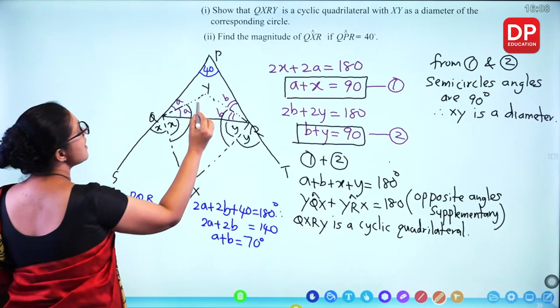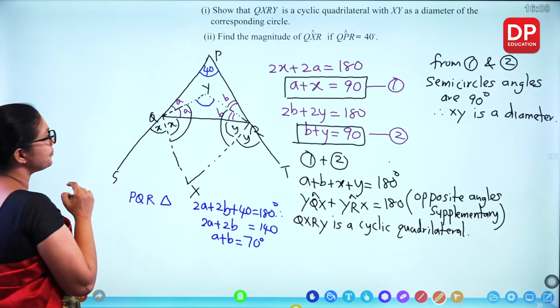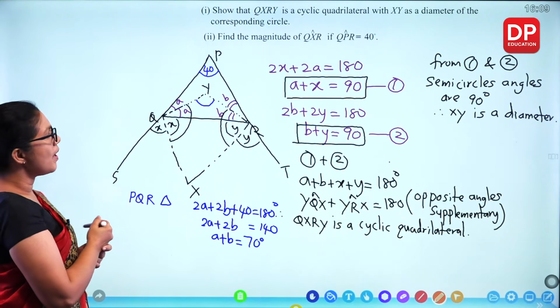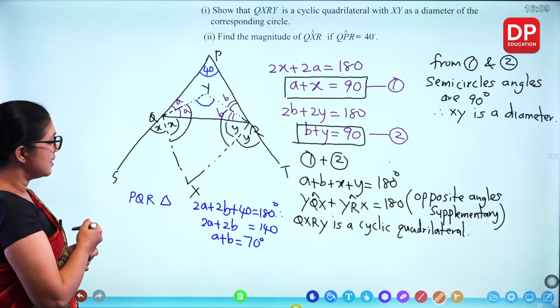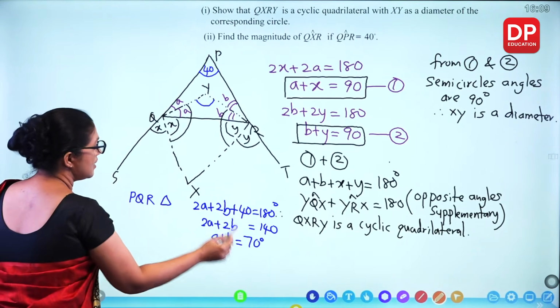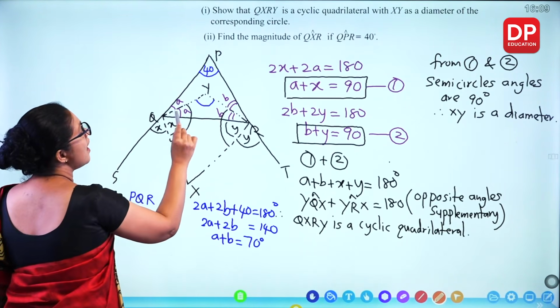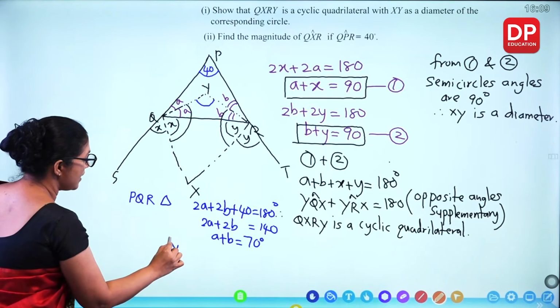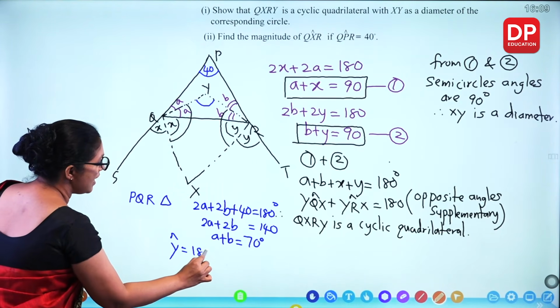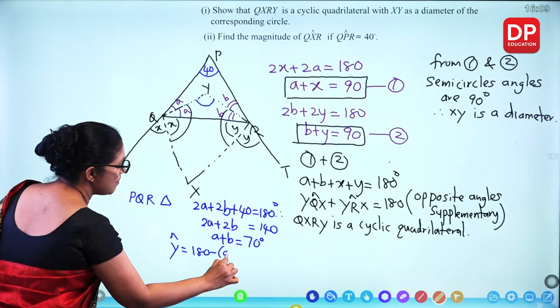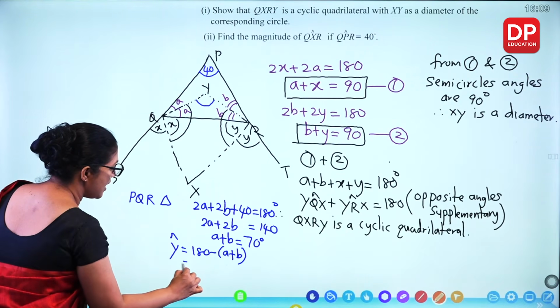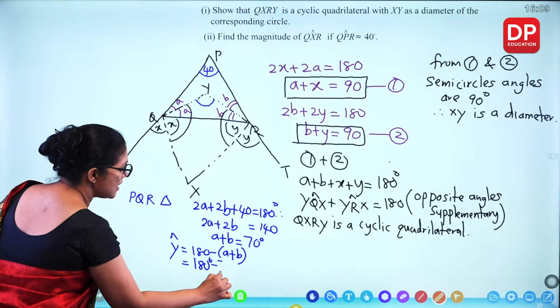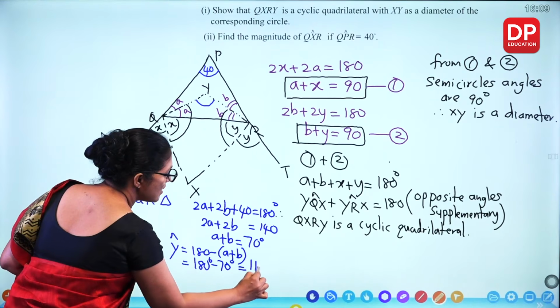If this is 70, what is Y angle? Y angle is 180 minus A plus B. That's 180 minus 70 degrees, you get 110 degrees.